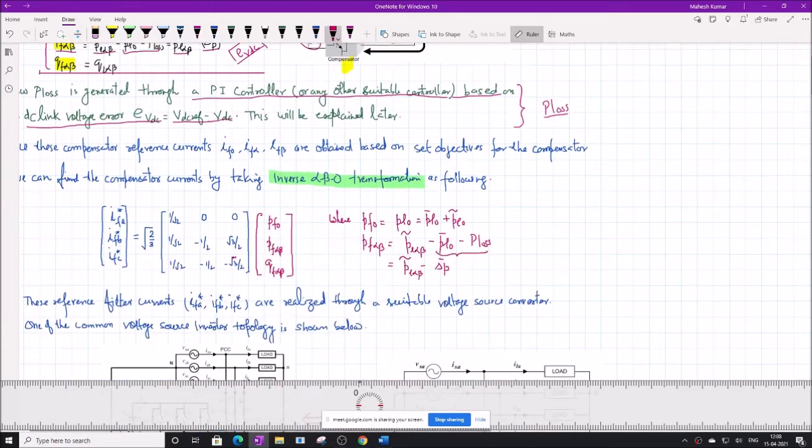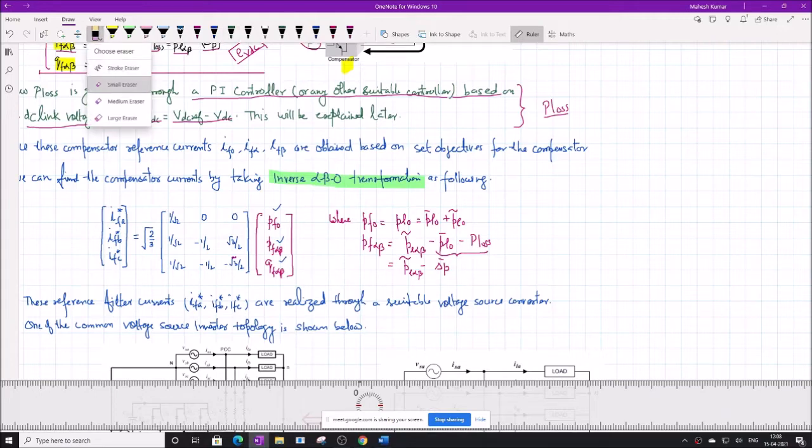Alright, once we set the values of PF0, PF alpha beta and QF alpha beta, then we transform back into the IF0. Actually this is IF0, this is not PF0 here. So I think I have to add another step.